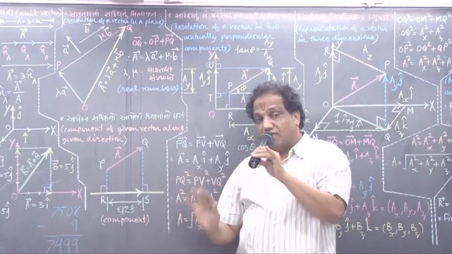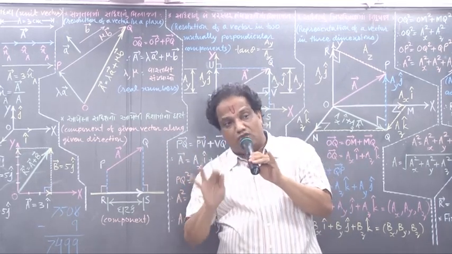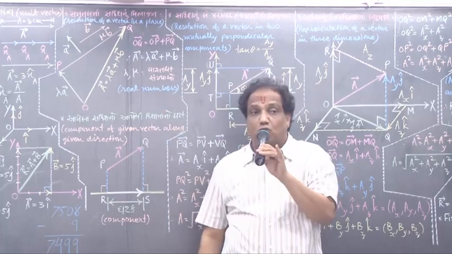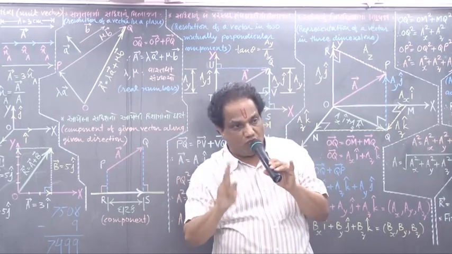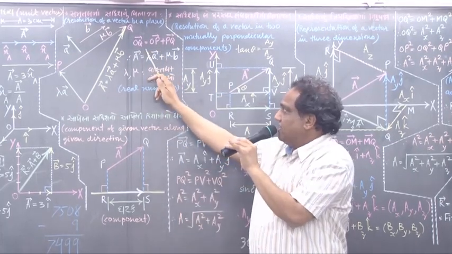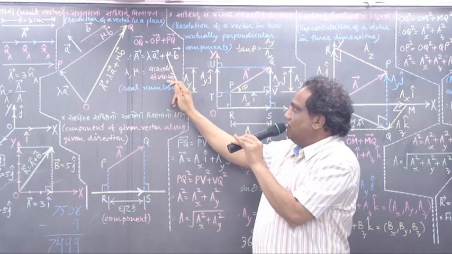Such an equation gives you resolution of the vector into two vectors: one is lambda vector A, another is mu vector B.